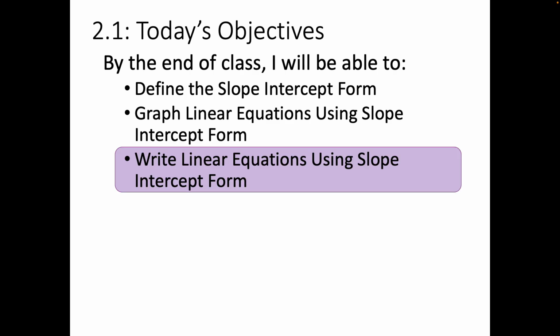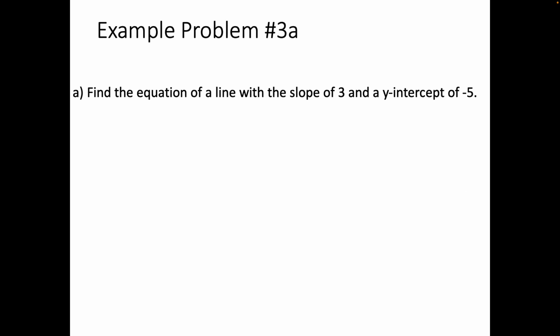So what if, with an equation, we get information about an equation? Can we write an equation here? So for example problem 3, which is asking us, find the equation of a line with the slope of 3 and the y-intercept of negative 5. Okay, well, we know the slope is 3 and the y-intercept is negative 5.